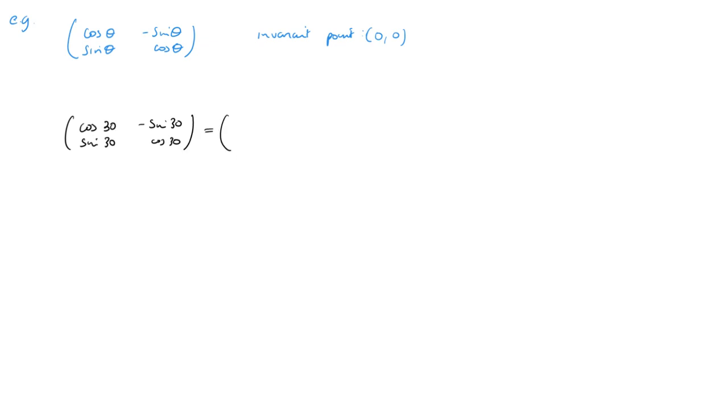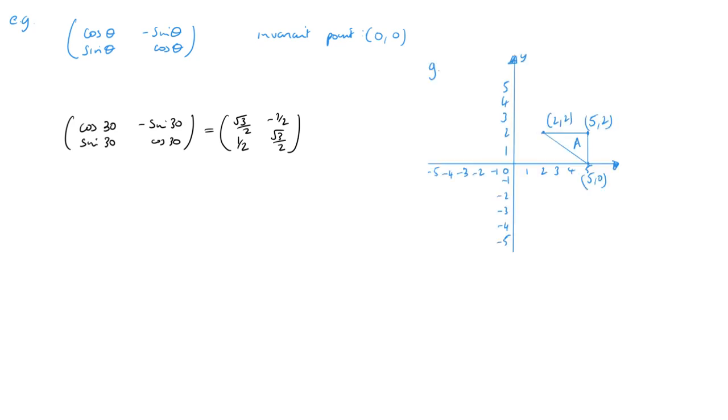Okay, so cos of 30 is √3/2, and sine of 30 is 1/2. Okay, so this will give me a 30-degree rotation. Now, I haven't actually talked about which direction the rotation goes, but let's have a look with this one.